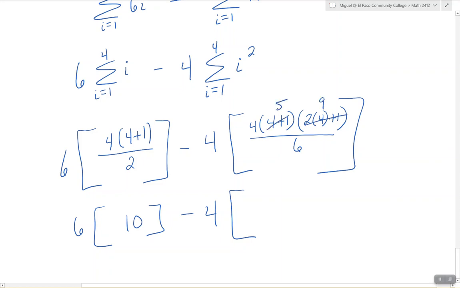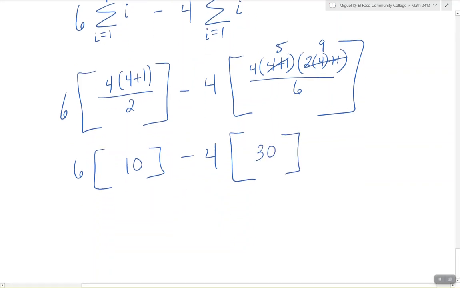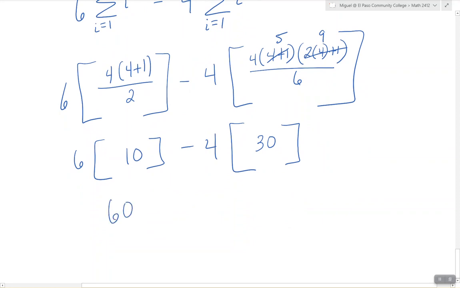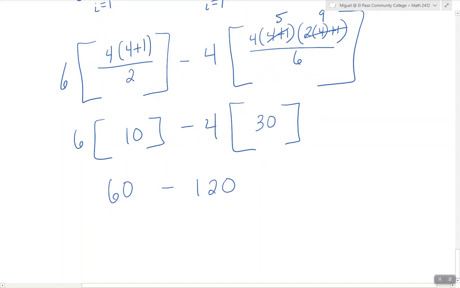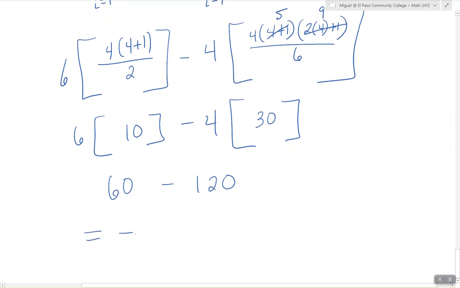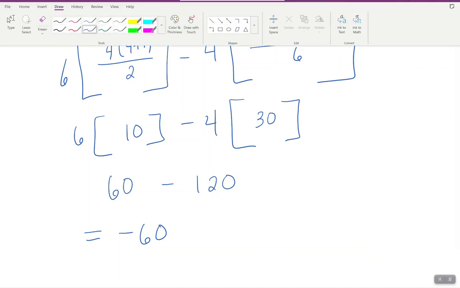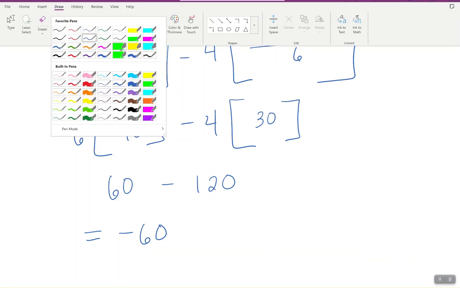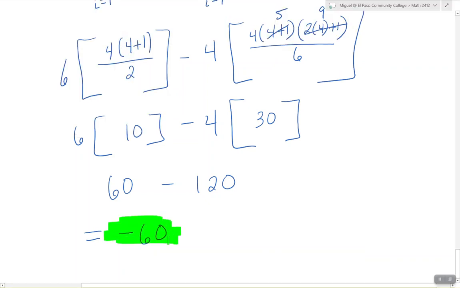So we have 5 times 4 is 20, 20 times 9 is 180, 180 divided by 6. Good. And this gives us 60 minus 120. So the original summation will give us negative 60.